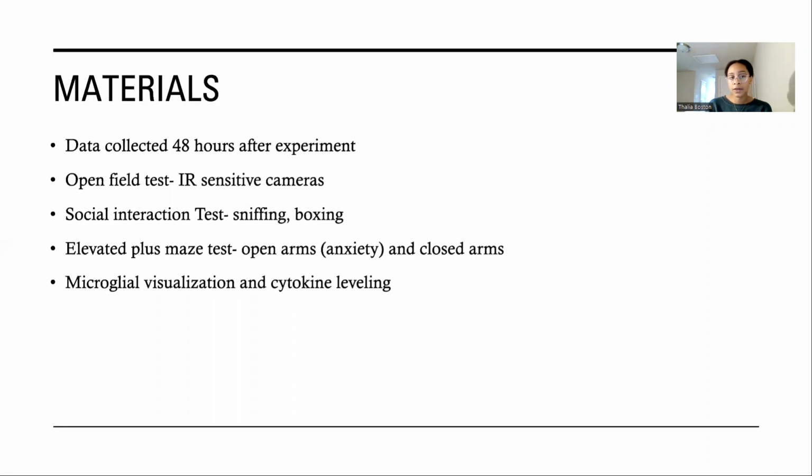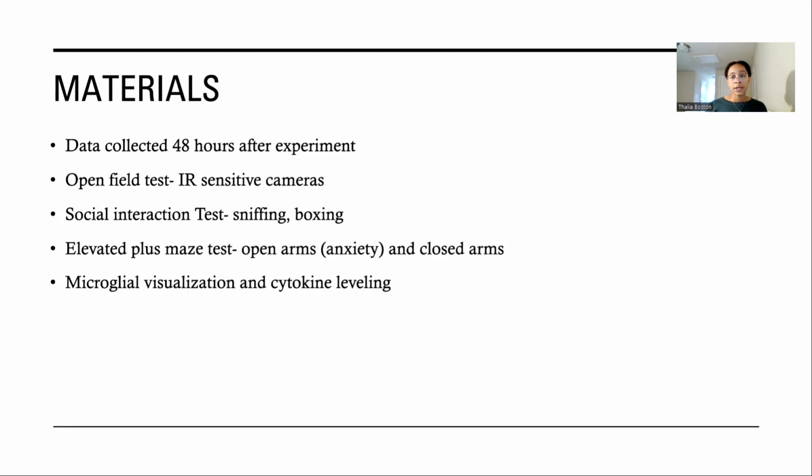In the open field test, you can kind of tell what they do based on the name. They put the Long-Evans rat, the test subject, in a very large box, an open area with no top. They place IR-sensitive cameras because they also keep this experimental room dimly lit, just as they did in the other experiment.